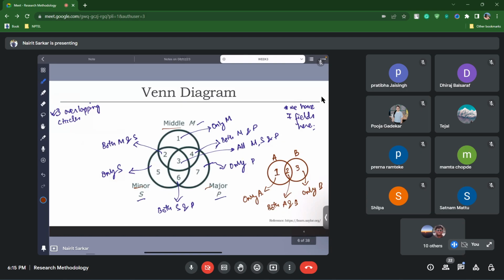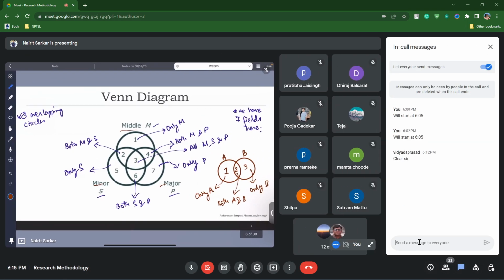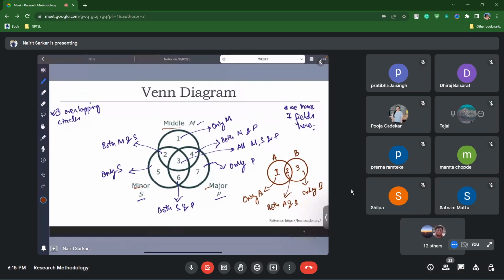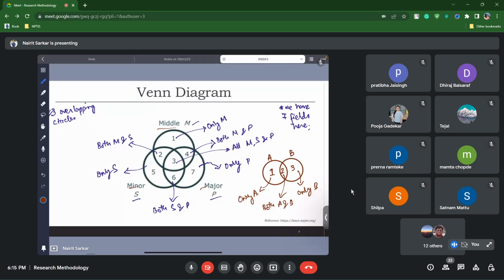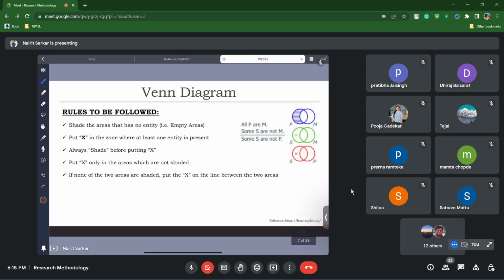We already discussed what these 7 areas are. If we understand all these terminologies like AEIO and major, minor, and middle term, we'll move into the rules of the Venn diagram.